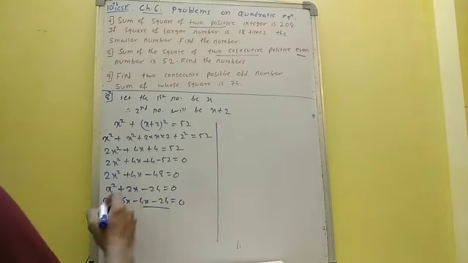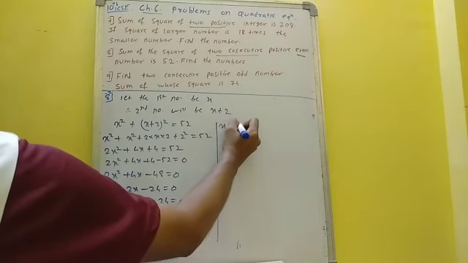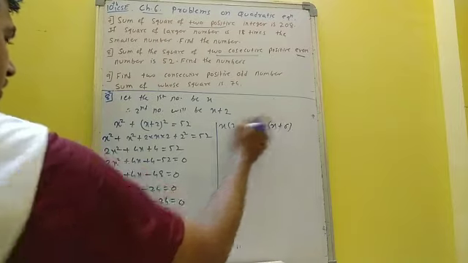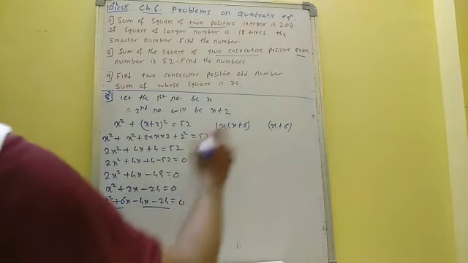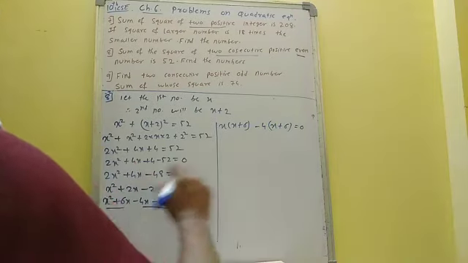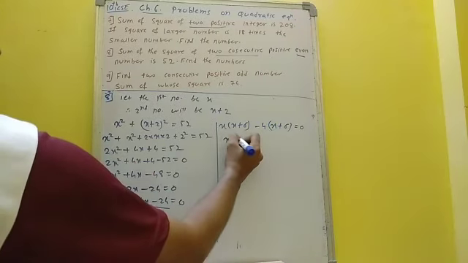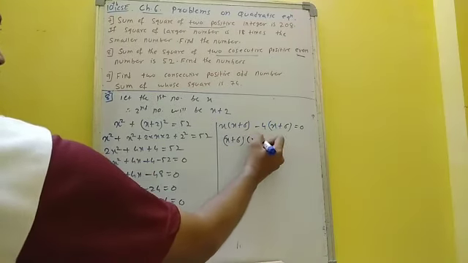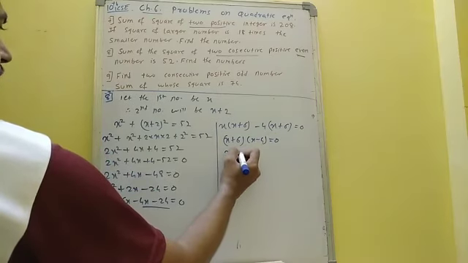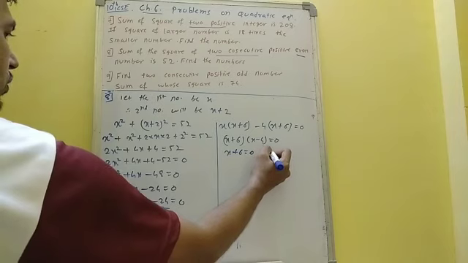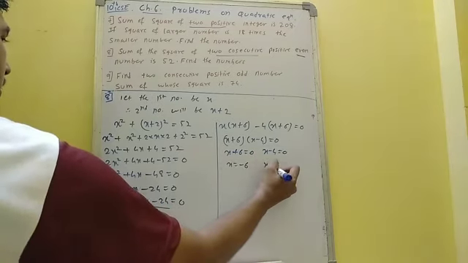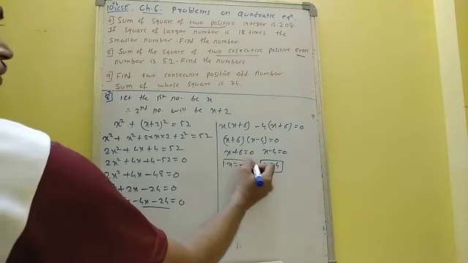So I will take x common. I will have x plus 6. Here also x plus 6, and I will take minus 4 common, so minus 4x minus 24. So x plus 6 and x minus 4 is equal to 0. So x plus 6 is equal to 0, x minus 4 is equal to 0, x is equal to minus 6 and x is equal to 4.